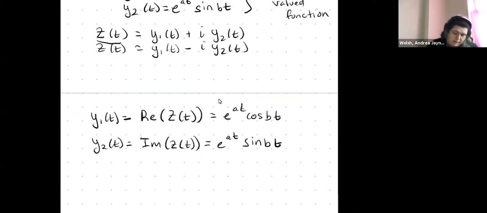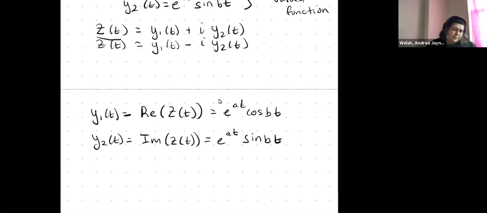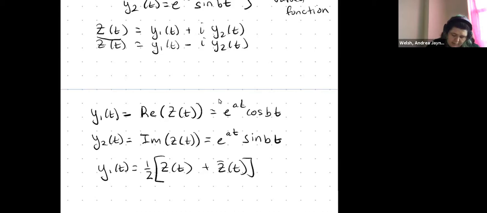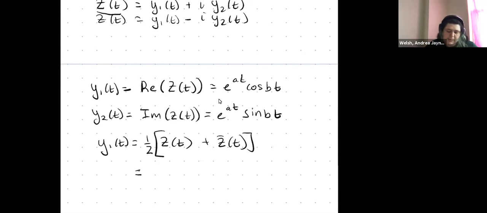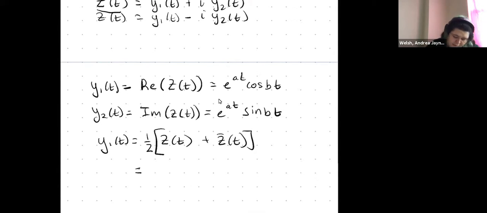Okay. So sometimes if we want to, we can write our solutions y1 of t and y2 of t as functions of z and z bar in a particular way that isn't really going to come up in this class. But we can see that if I take 1/2 of z of t plus z bar of t, we're going to get this y1, and I'll do this out.